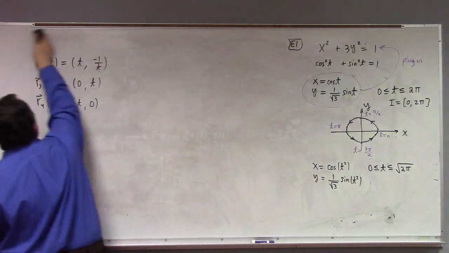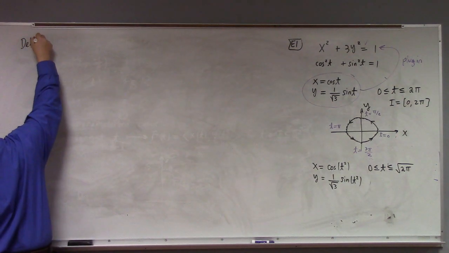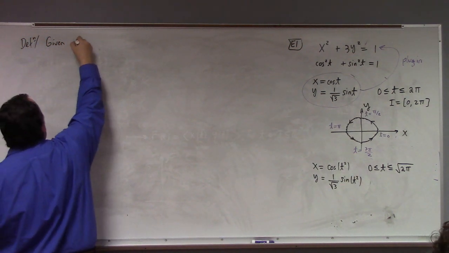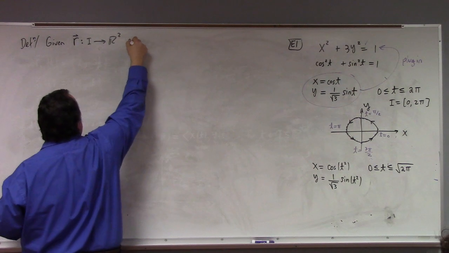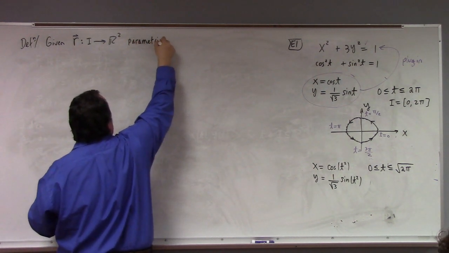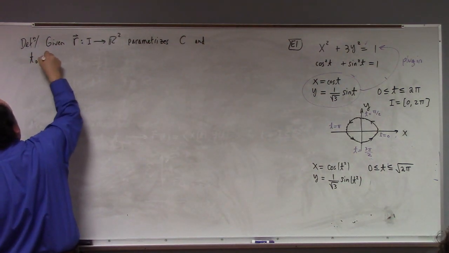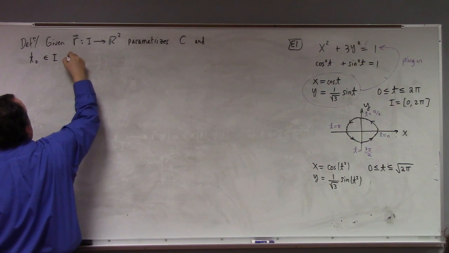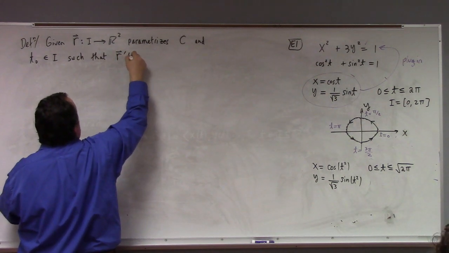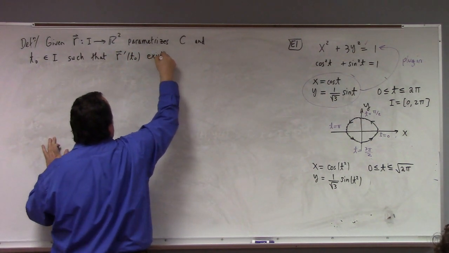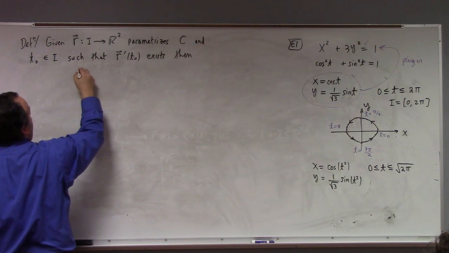Before I do that, though, let me make a definition for you. Given r from I to R^2 parametrizes C, and t naught is an element of I such that r prime of t naught exists, then let's say I need something else.